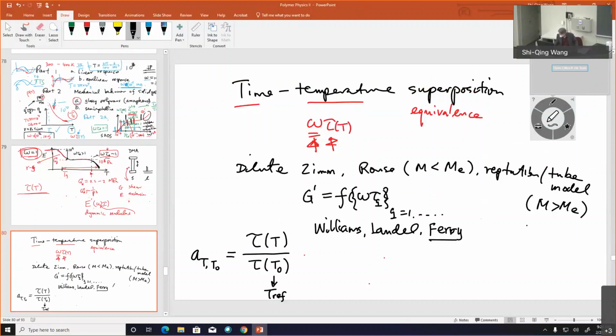And this is later famously just known as WLF, after the authors. This WLF is as famous as Coleman's in polymer science. It's very common, commonly appearing in the literature. They found in the 1950s that one can express this by taking a log of this ratio.